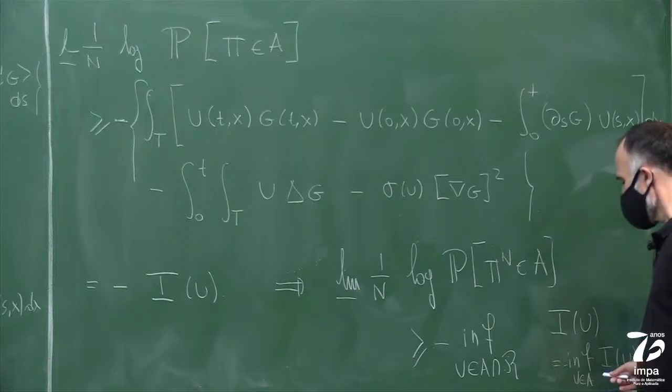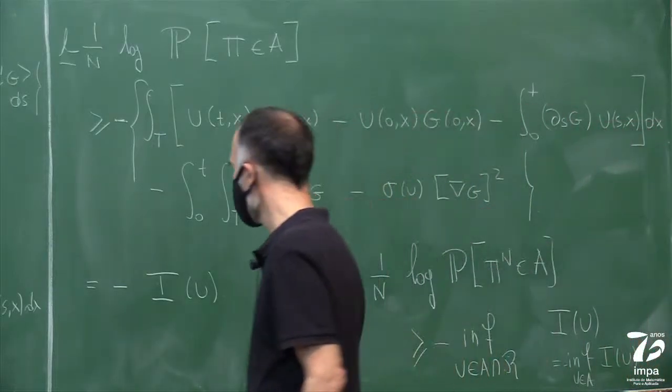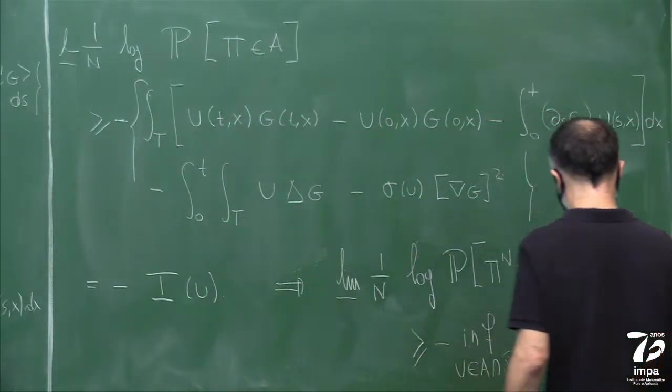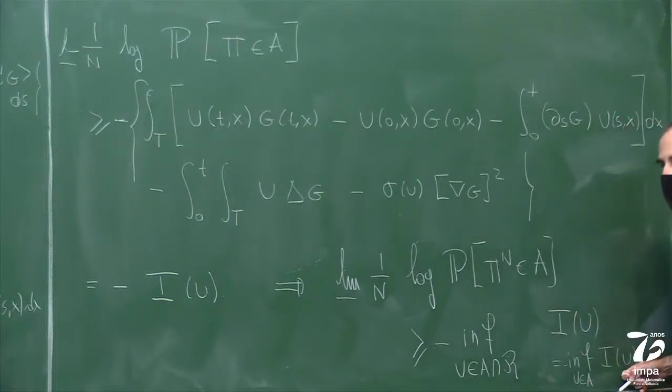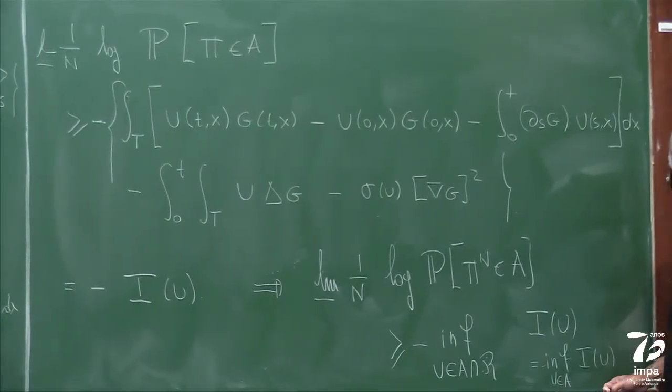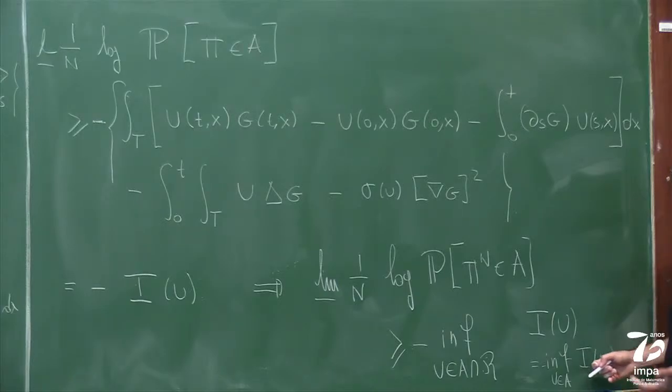So let me take, if all I of u are infinite, here in this infimum, I can restrict my attention to all u's for which I of u is finite. Because if I of u is equal to plus infinity, there is nothing to do.